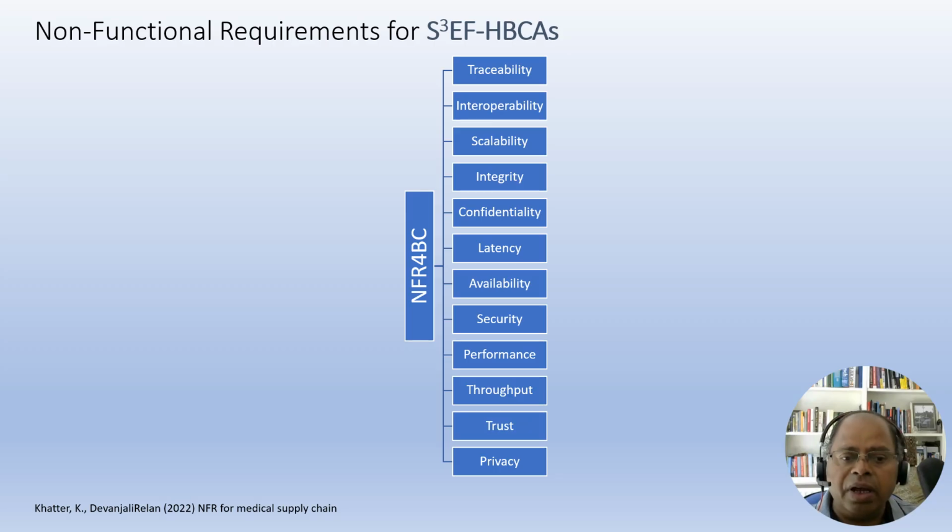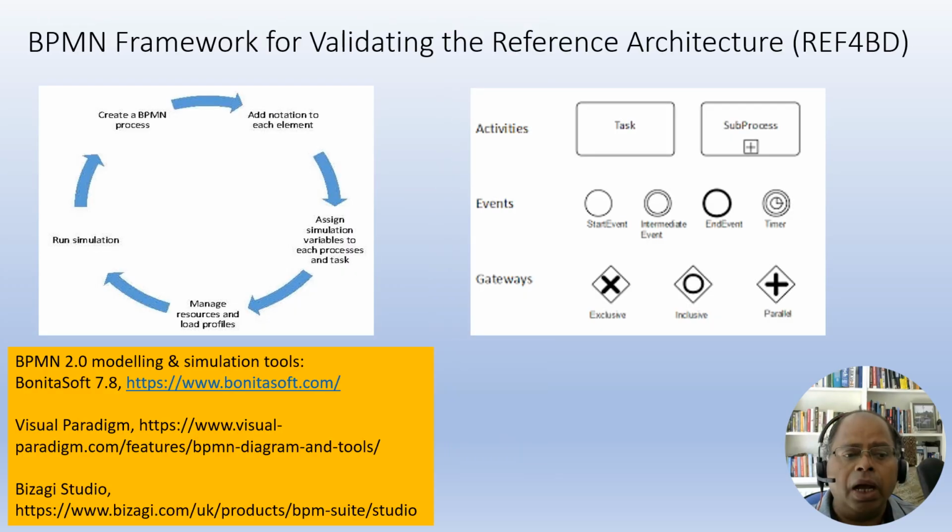So you can see again traceability, interoperability, scalability, integrity, confidentiality, latency, availability, security, performance, throughput, trust, and privacy. Okay. Now we will move on to validating the requirements and validating the reference architecture.